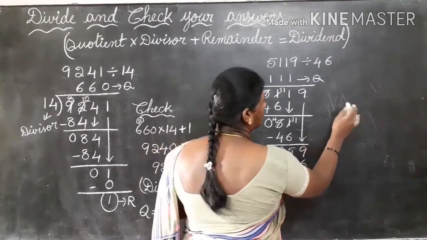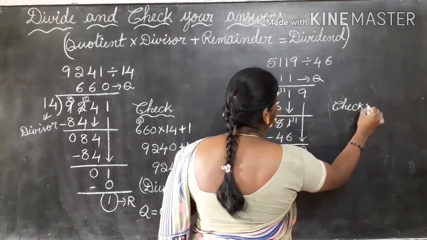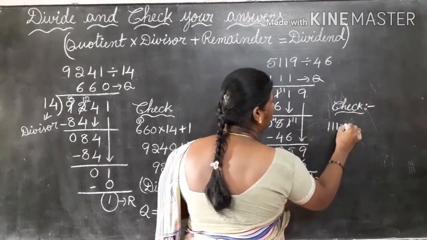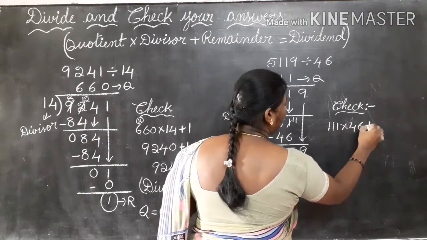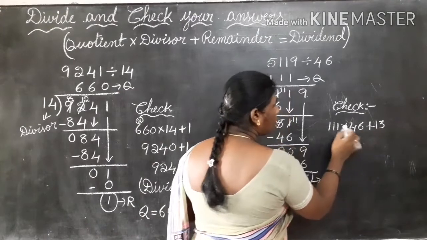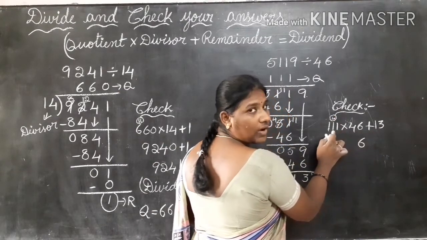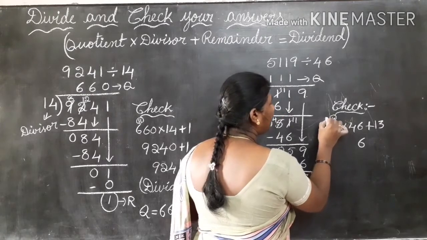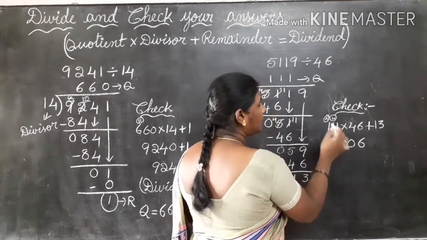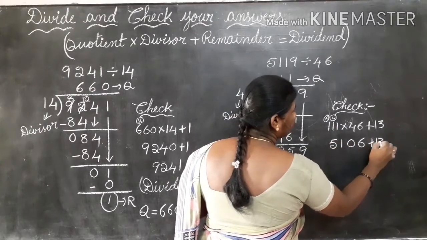So we have to do the check for this. What is the check for this? Same. Quotient into divisor: 111 into 46 plus remainder 13. 46 ones are 46, 46 plus 4, 50, plus 5, 51, plus 13.